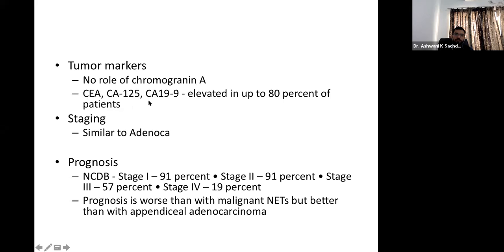Other markers, CA125 and CA19-9, are better for GCAs because they are elevated in about 80% of patients. Staging is similar to adenocarcinoma. Prognosis is good for stage 1 and 2, intermediate at around 57% for stage 3, and only 19% for stage 4, but its prognosis is better than the appendiceal adenocarcinoma and worse than pure neuroendocrine tumors.